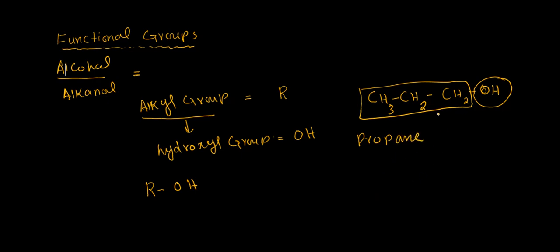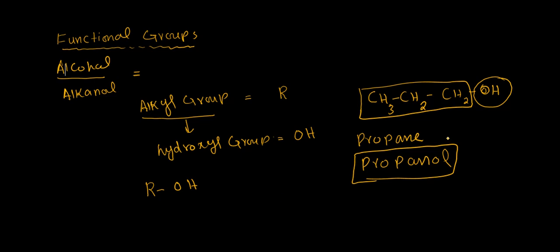And to give an alcohol its name, the ending E is replaced with the word OL, so its name will be propanol. A 3-carbon alkyl group containing a hydroxyl group is named propanol.